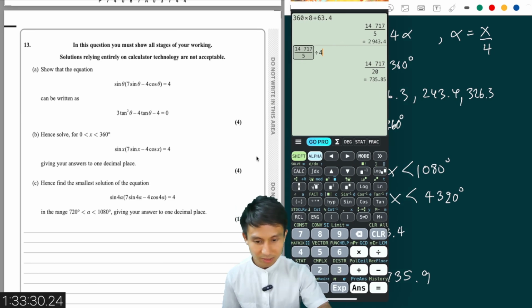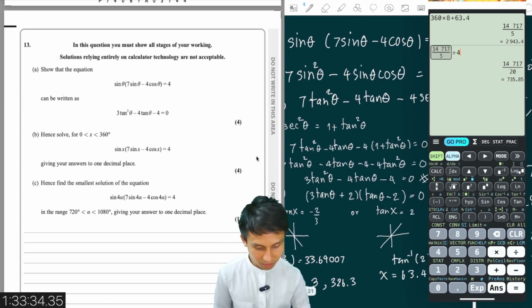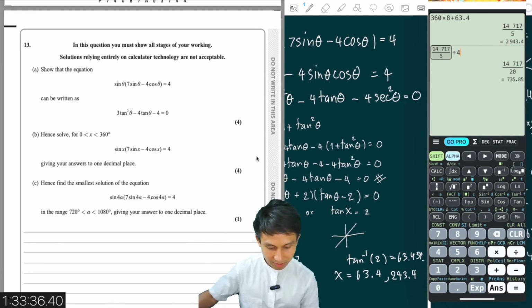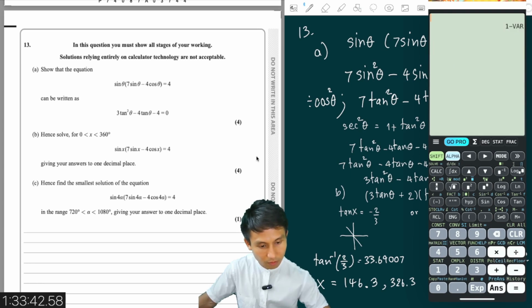Now, I need to be safe here because 63.4 is actually rounded from 10 to there. So let me just clear everything. Yeah, so that's just that.